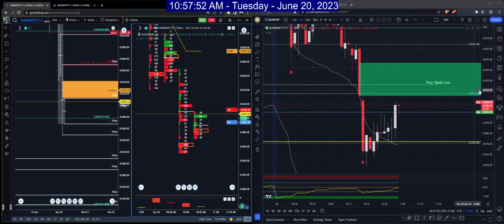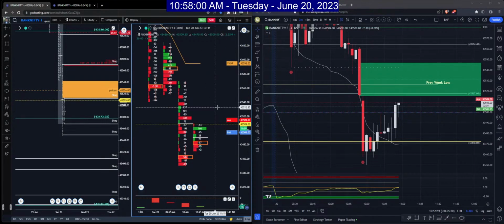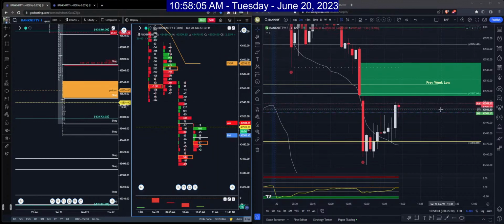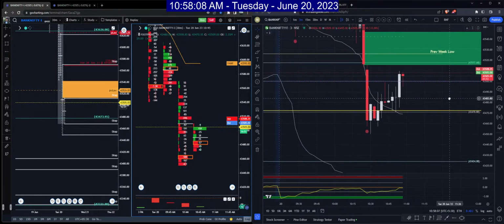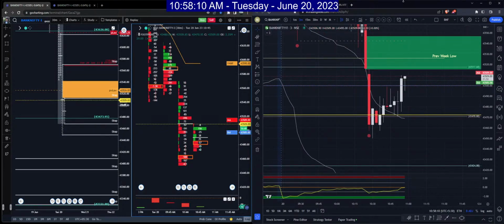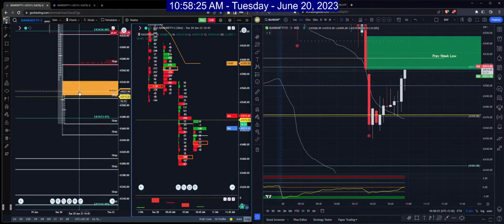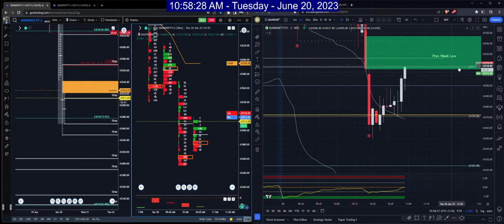Okay, so I'm expecting this trapped buyers to be cleared. See supply at 517 and previous week's low. Okay, single print denotes supply, so we tag this level.